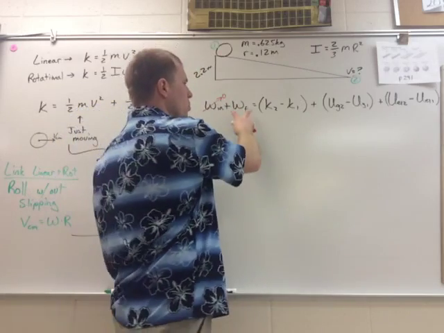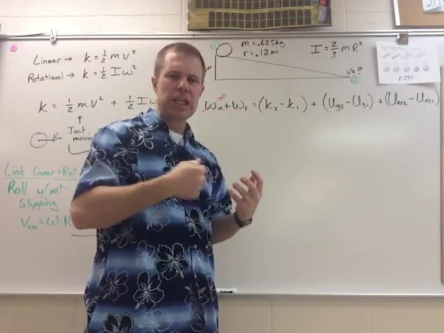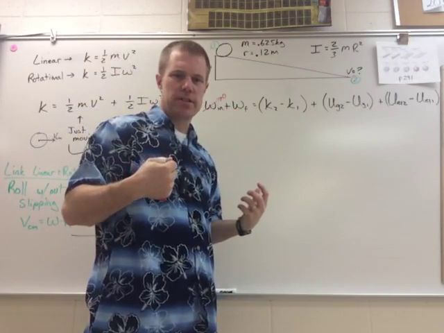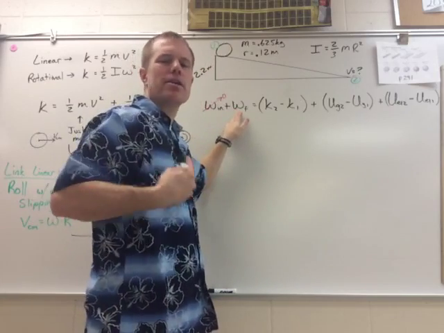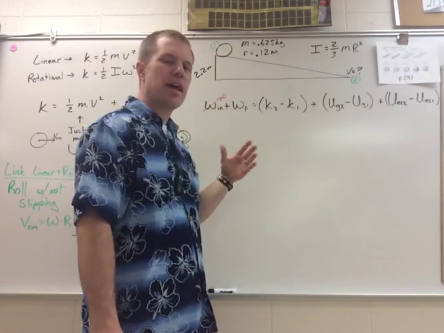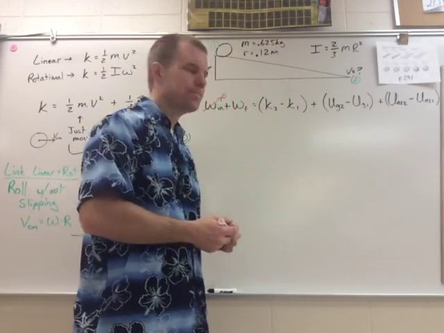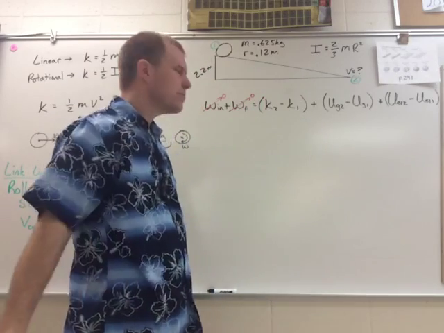But when we talk about work done by friction, we're going to talk about that friction pulling energy out of the system. So think about something sliding. Don't think about something causing rotation. Because all friction is doing is it's transferring some of that energy into rotation. So there's no work done by friction because it's not sliding.